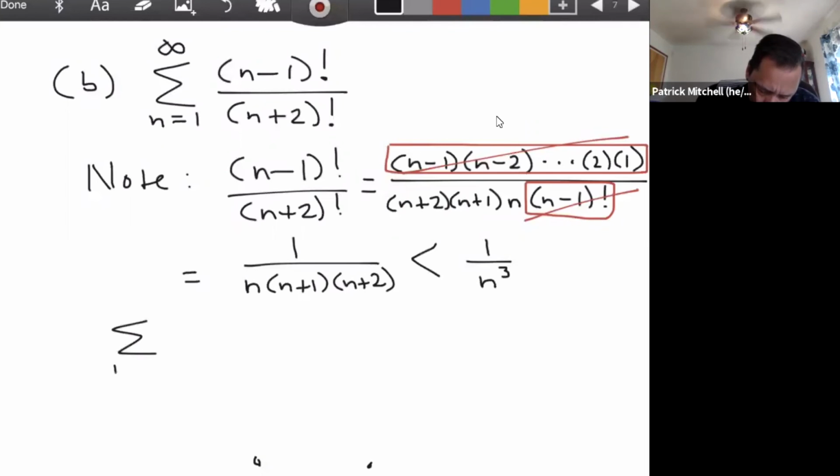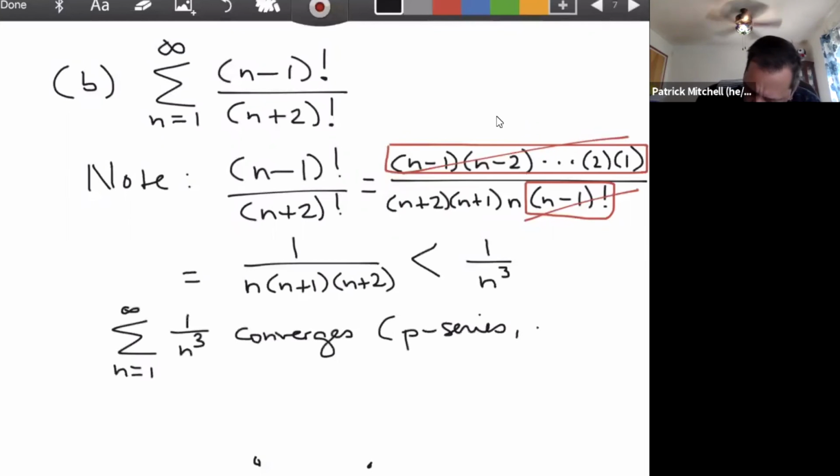All right, so the sum n going from 1 to infinity of 1 over n cubed converges because it is a P series with P equal to 3, which is greater than 1.